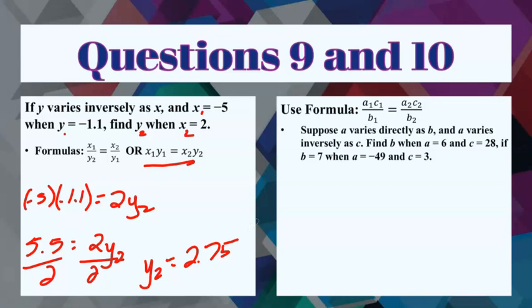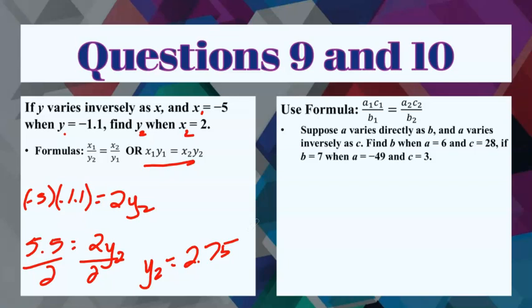Question 10. Use the formula a1 c1 divided by b1 equals a2 c2 divided by b2. So suppose a varies directly as b and a varies inversely as c. Find b when a is 6 and c is 28 if b equals 7 when a is -49 and c is 3. So when it says it varies directly, that means I'm going to be multiplying the constant by b.